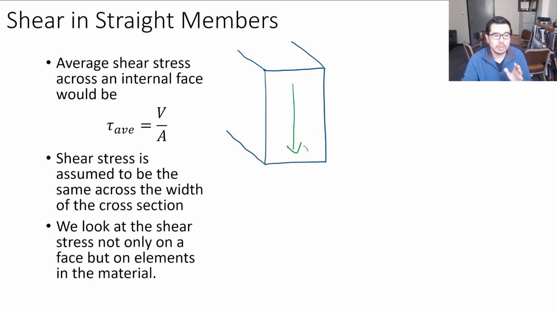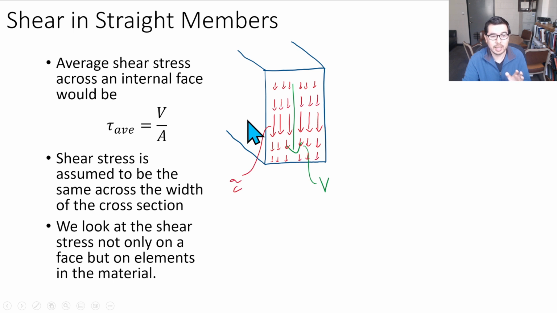The average shear stress is just an average, and it is not the same at the neutral axis, and it gets smaller as we go up or down. This is what we were discussing a few minutes ago, when we were looking at the transverse shear stress along the beam.